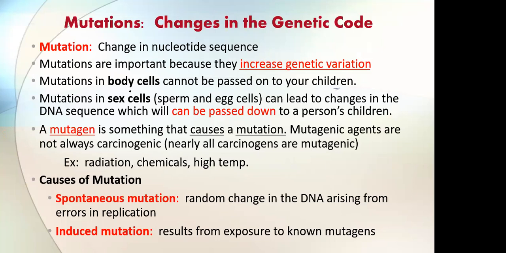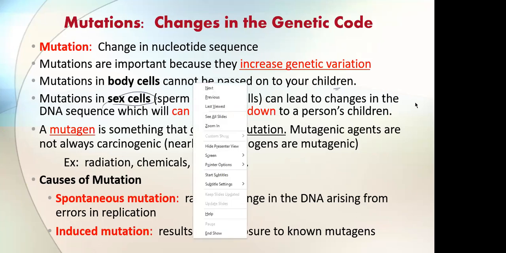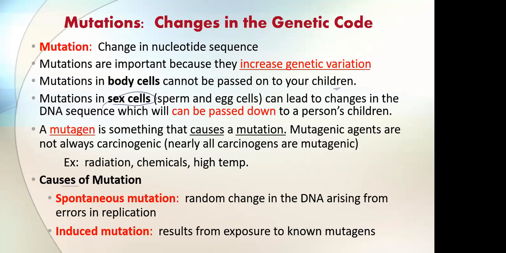Any nucleotide sequence can be changed because of UV rays, but that won't be heritable, because you cannot pass your body cells to your children. But if it is in the sex cells, sperm cells or egg cells, then it can pass to the children.